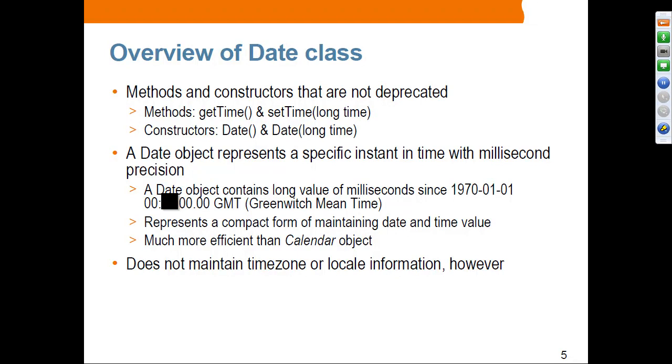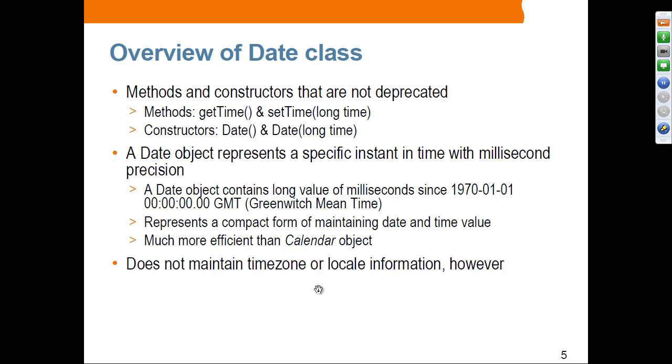A date object represents a specific instant in time with millisecond precision, and that is milliseconds from Greenwich Mean Time, 1970 January 1st at time 0. So it represents a compact form of maintaining date and time value. In fact, it's a long value, so it's pretty compact.